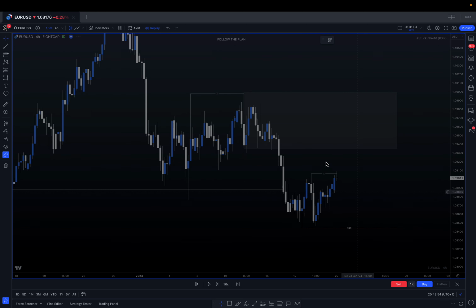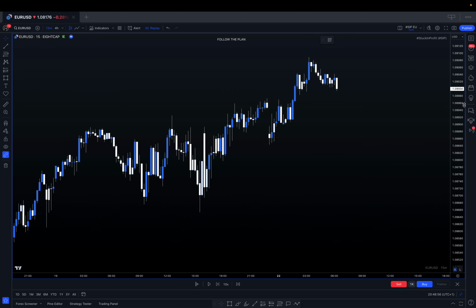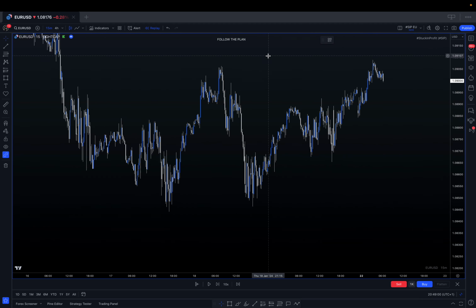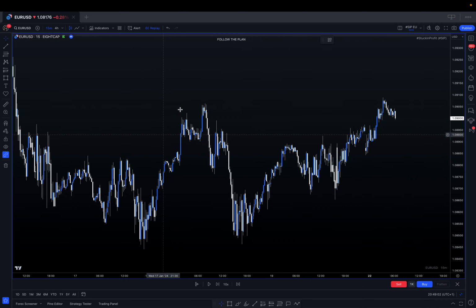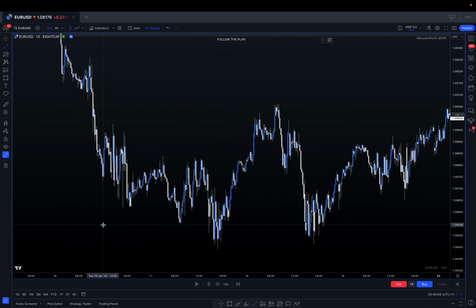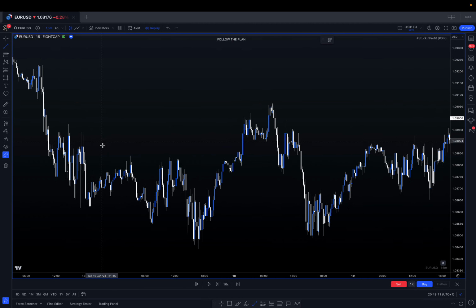So let's go to 15 minutes and let's try to draw structure there also. So now on the 15 minutes, let's look at what we have here. So clearly we can see on the 15 minutes we've had, let's just draw this. So we can draw this here. Let's take this candle, right?